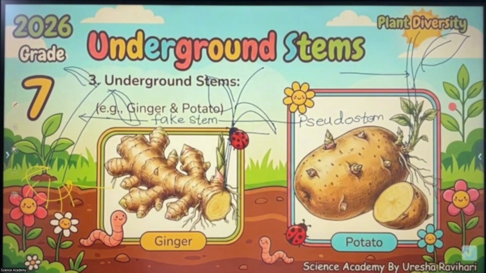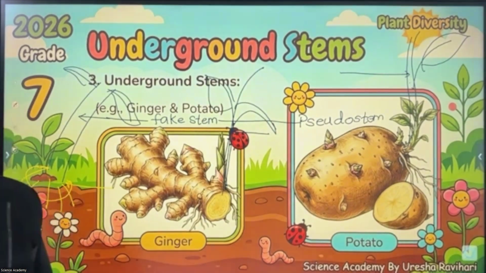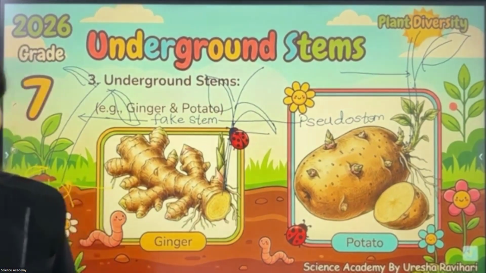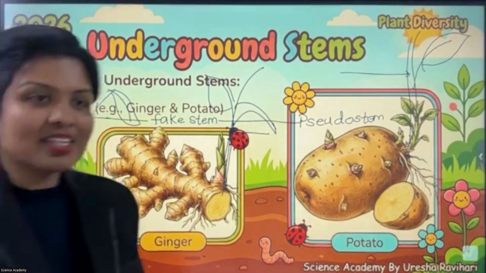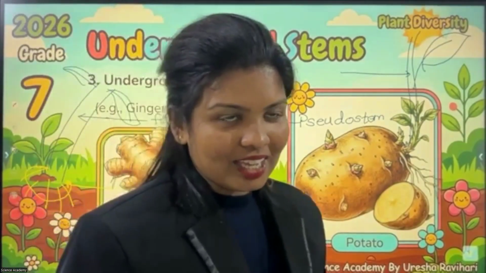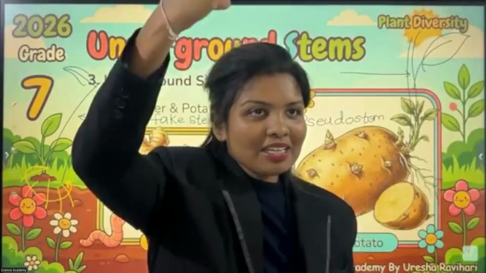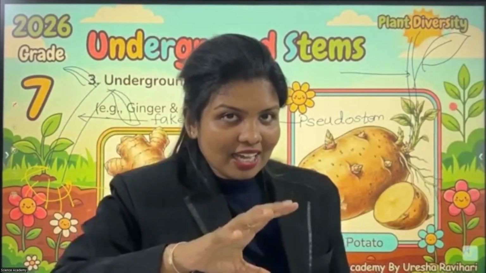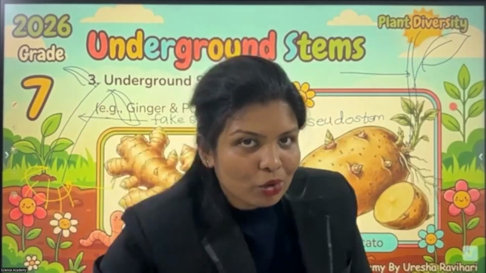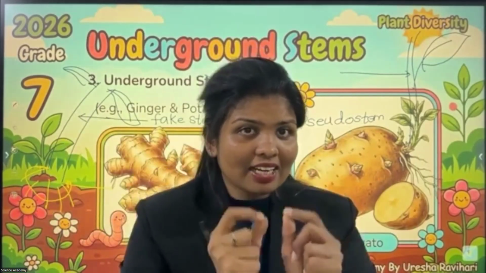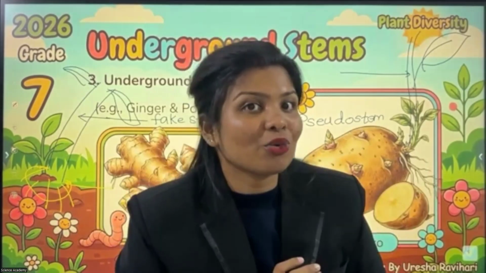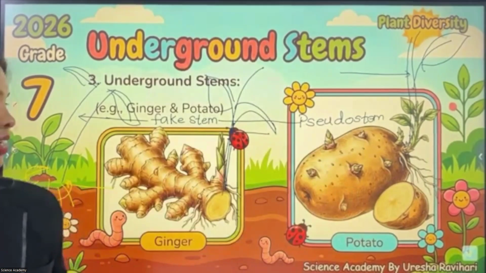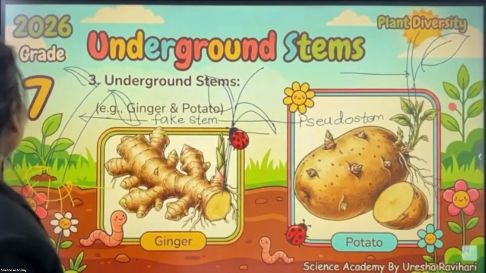That is an underground stem. Yes, you are correct. The outcoming green colored one is the shoot, and the stem is under the ground. The green colored shoot comes out with the leaves. Very good.